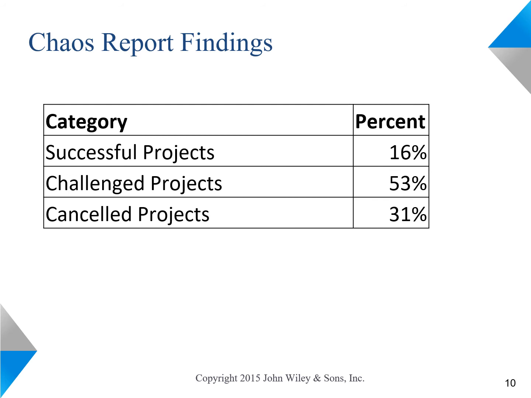And 31%, almost a third of all projects, were canceled, meaning that you made an investment and at some point you decided that it makes no longer sense to pursue this project.